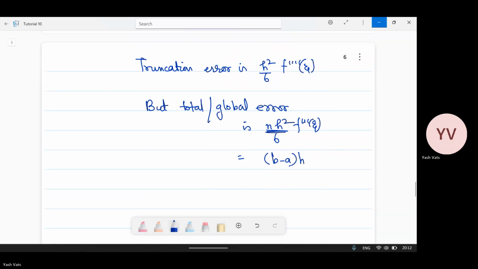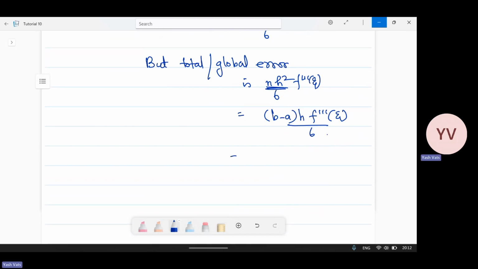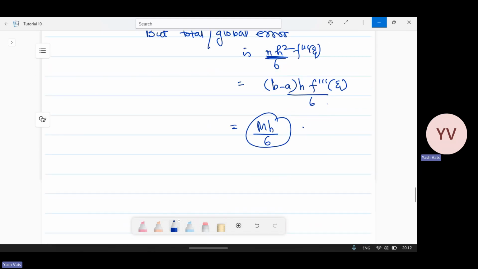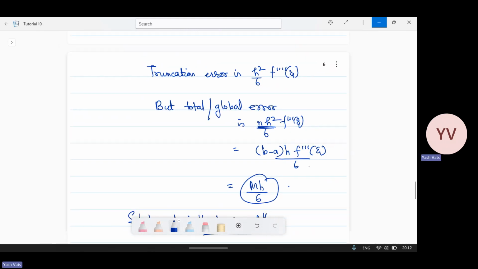So the bound on total error is M h by 6 times some constant. So M h by 6 is the bound, so the statement is not correct.